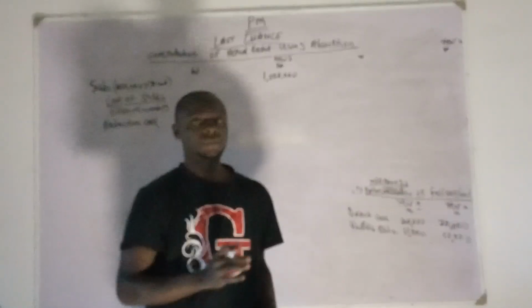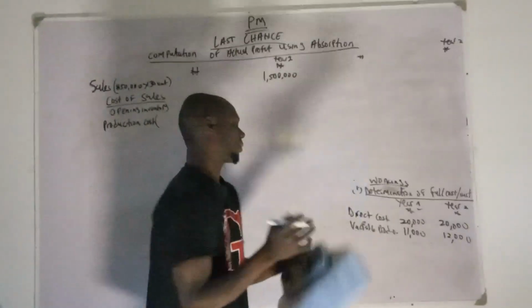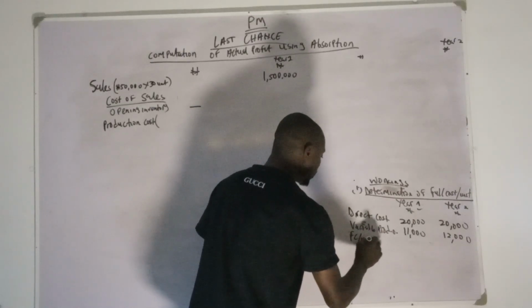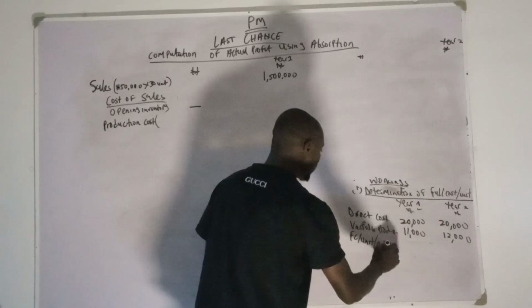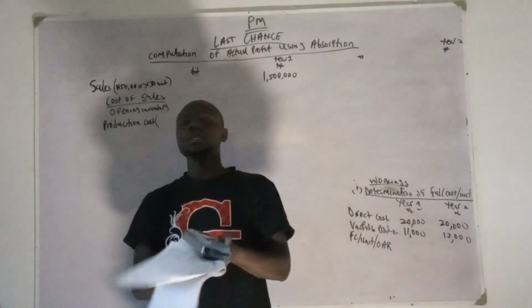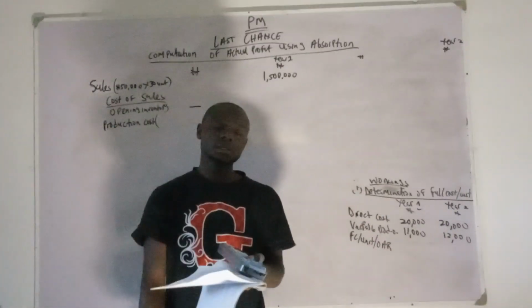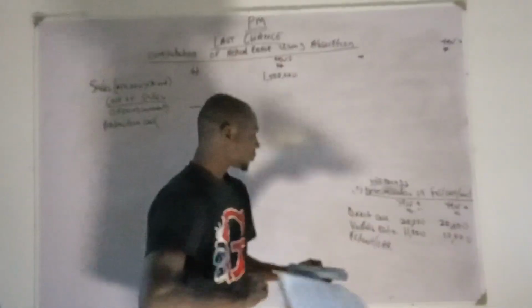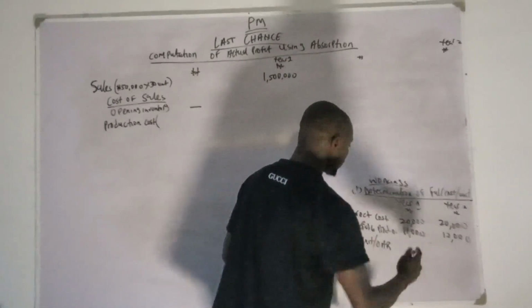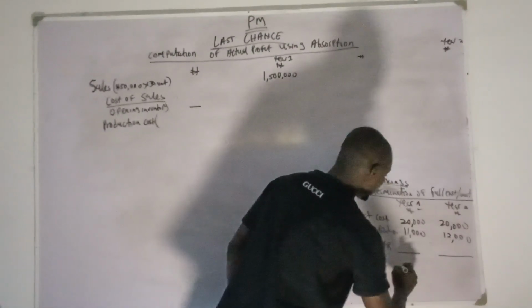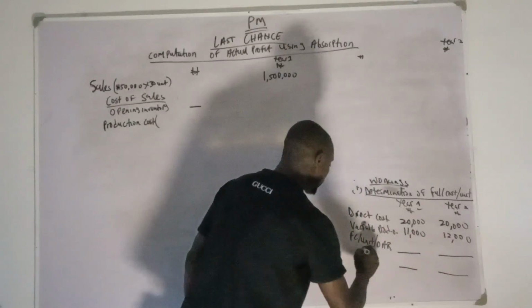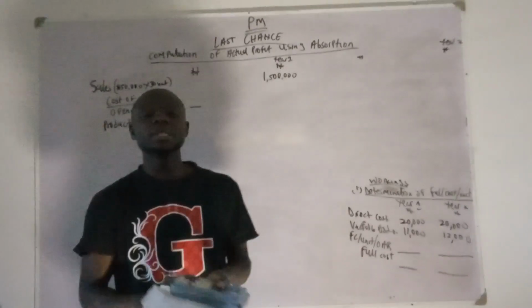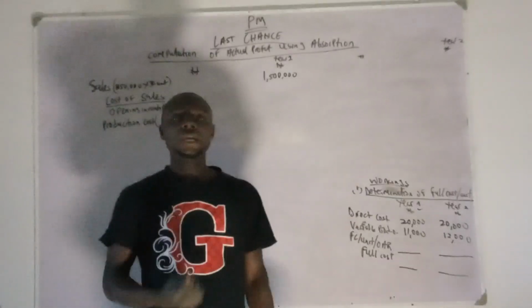What about the fixed cost, right? Don't forget it is full cost. So your fixed cost per unit is the OAR. Don't forget that your overhead absorption rate is also known as the predetermined rate or fixed cost per unit. So this will give us the full cost. Now the question is, how do we determine the OAR?